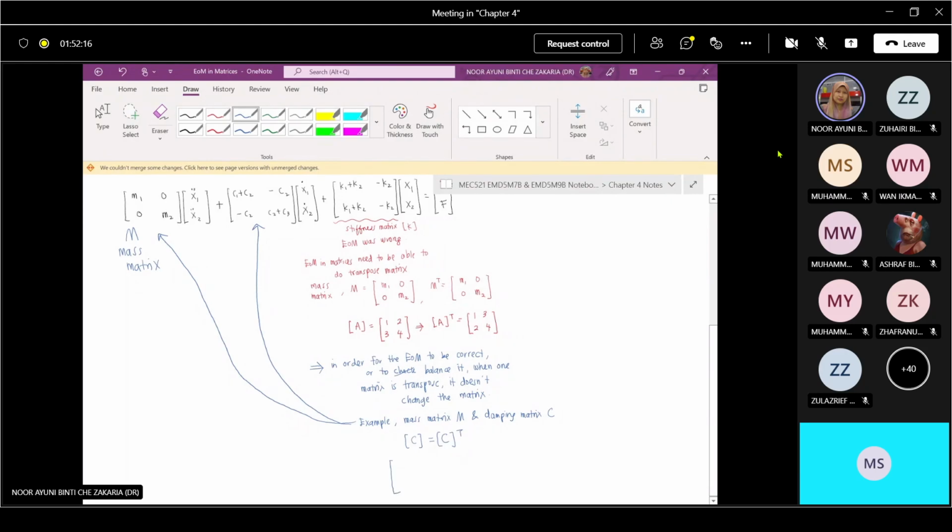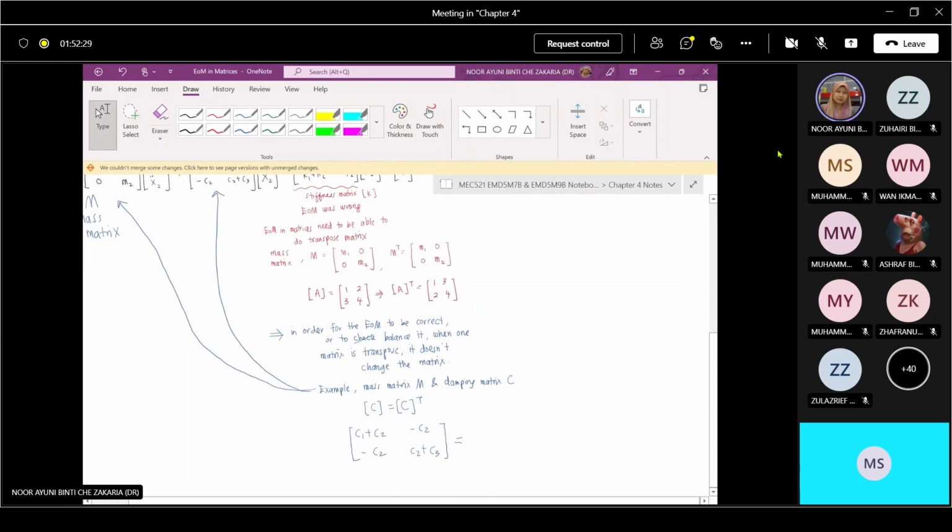Your C matrix here is C1 plus C2, negative C2, negative C2, C2 plus C3. When I do the transpose, ini transpose ya? This is the transpose. Change the arrangement of 2 and 3.